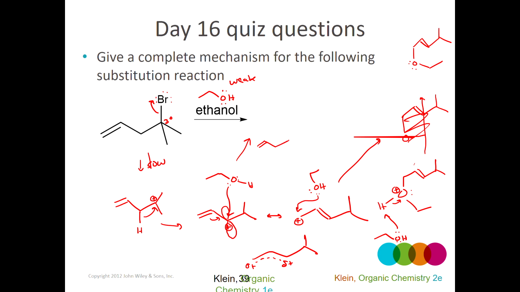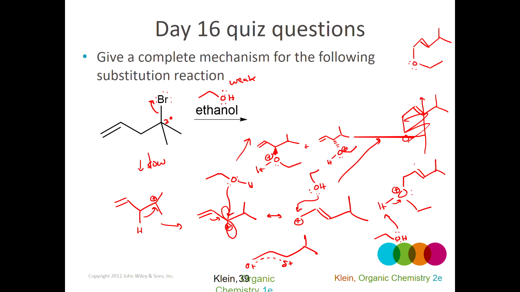One where the ethanol would come in with the solid wedge, and the other where the ethanol would come in with the dashed wedge. But again, it's still protonated at this point.